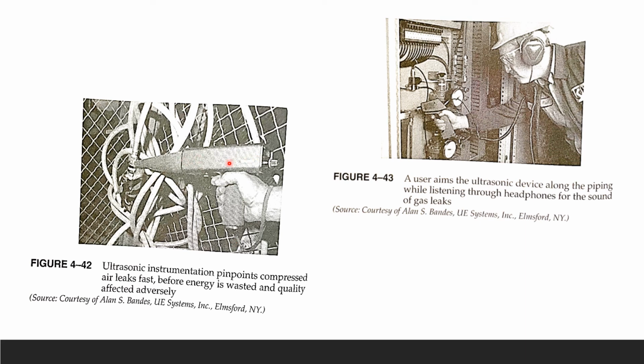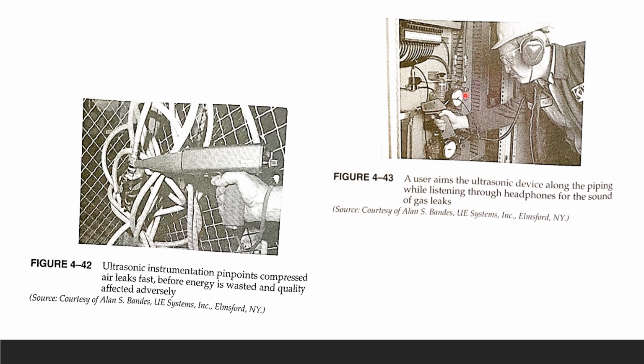So these are your detection devices. And quality affected the adverse. So a user aims here an ultrasonic device along the piping while listening through his headphones for the sound of gas leaks. So that's how we find the leaks, okay, in some systems. Here, this equipment is very big.